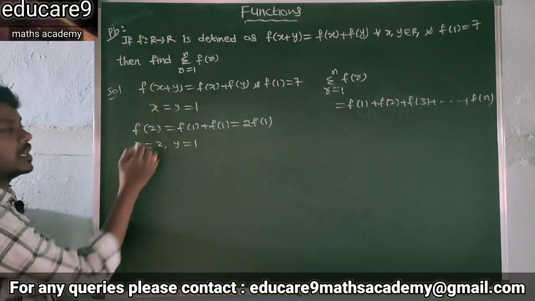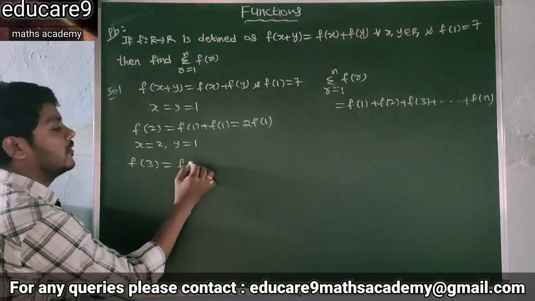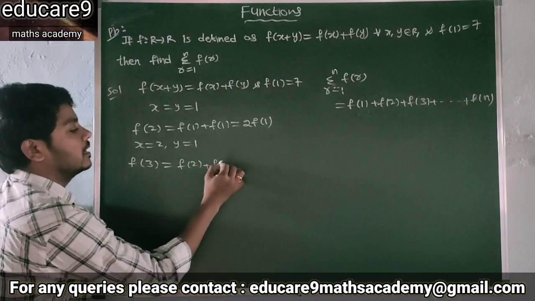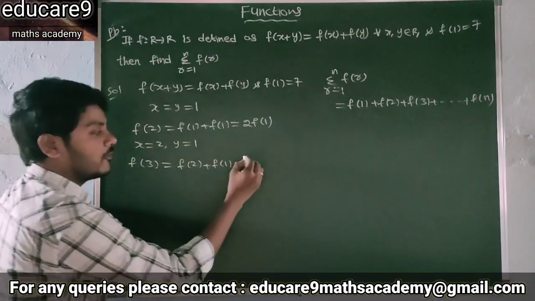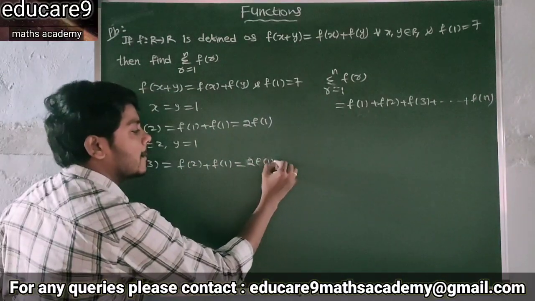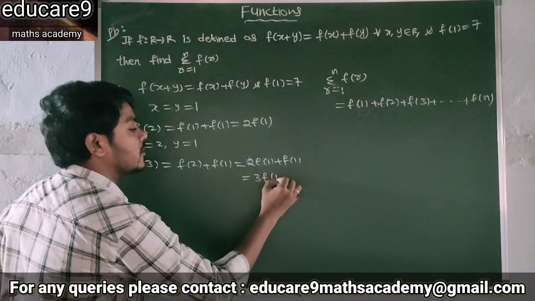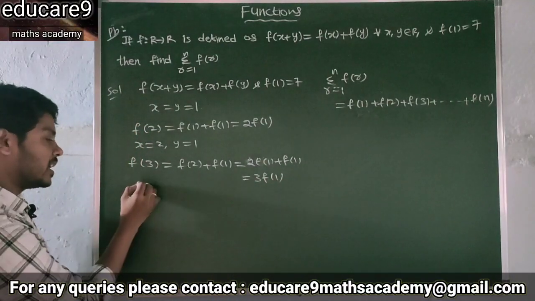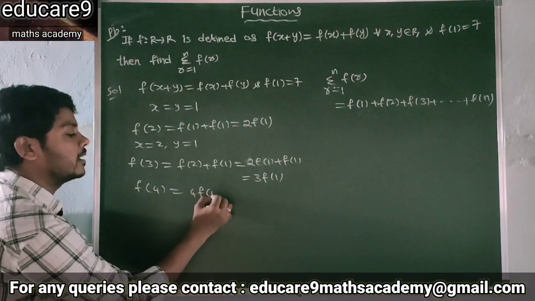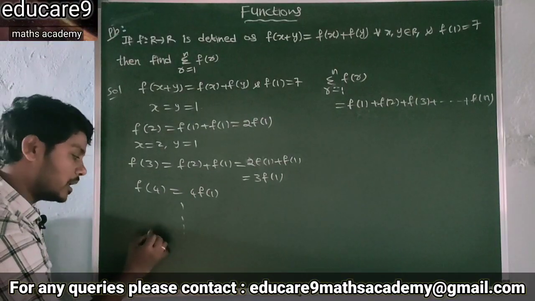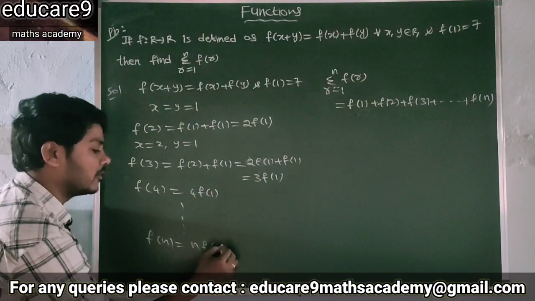So 2 + 1 is f(3), which equals f(2) + f(1). So what is f(2)? 2 f(1) plus f(1). This is 3 f(1). Similarly, f(4) you get 4 f(1) and so on. f(n) is equal to n into f(1).